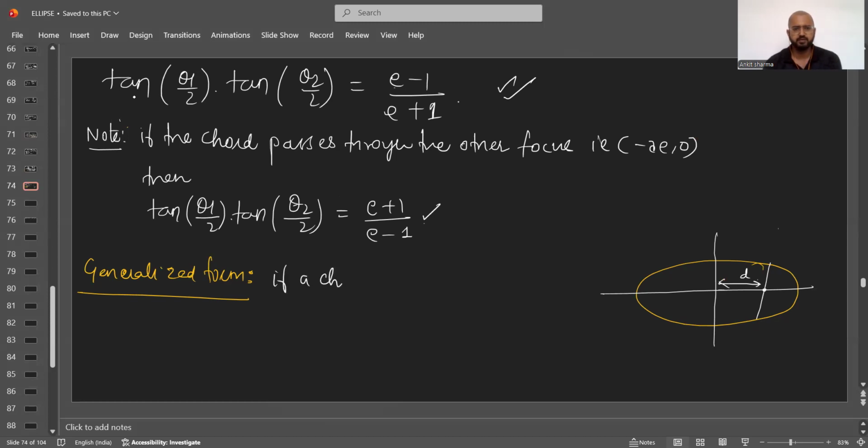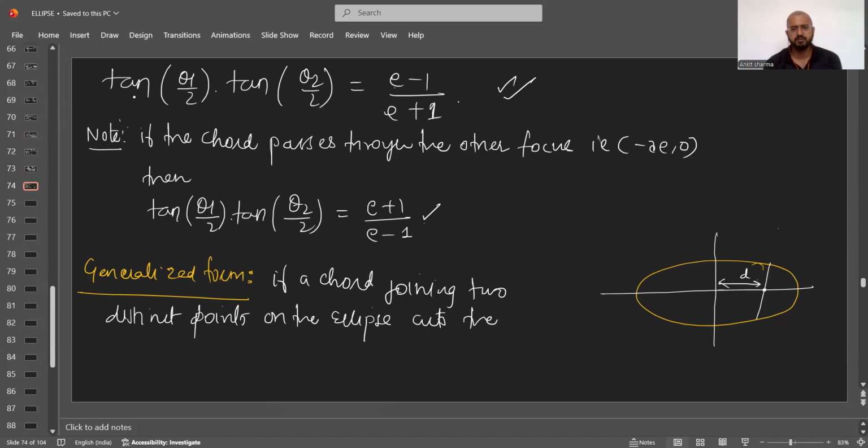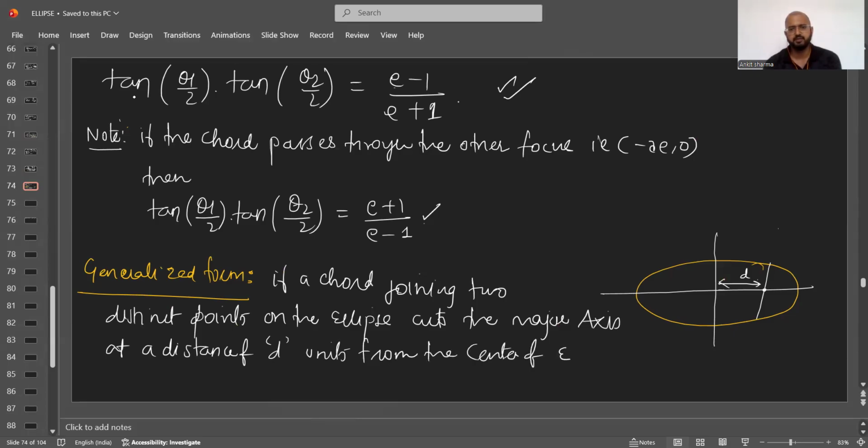So if a chord joining two distinct points on the ellipse cuts the major axis at a distance of d units from the center of the ellipse, and my chord is joining two points, then of course I take the point P as P of theta 1.